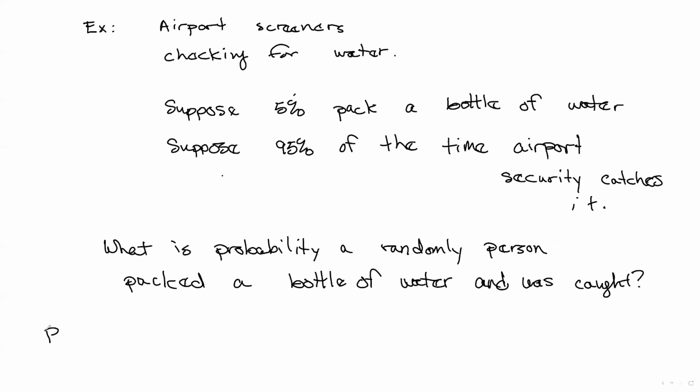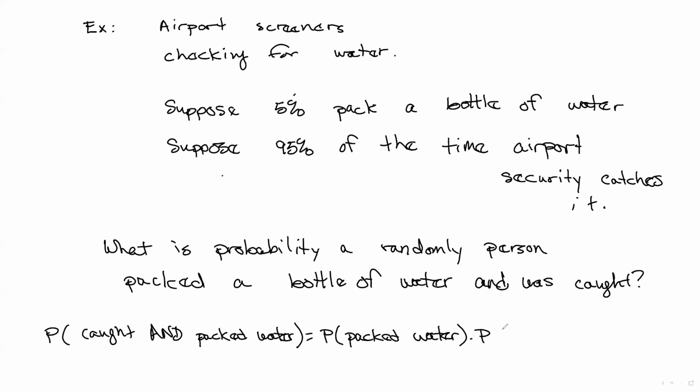All right, so the order that we're doing it in is A is the second. So that's caught and packed a bottle of water. That's going to equal the probability that they packed water times the probability that they were caught, given that they packed water.